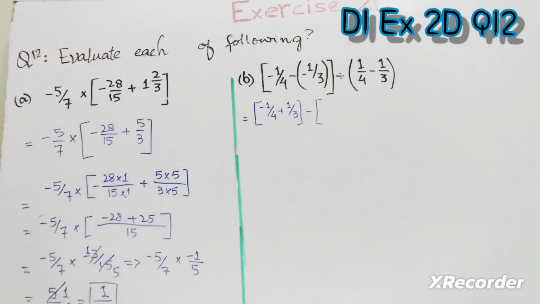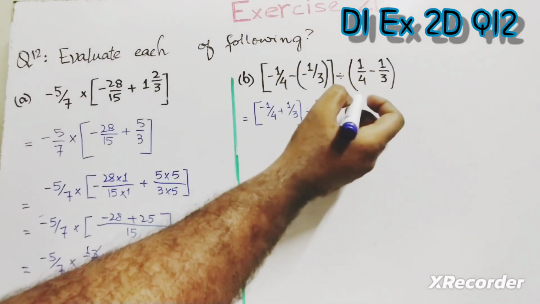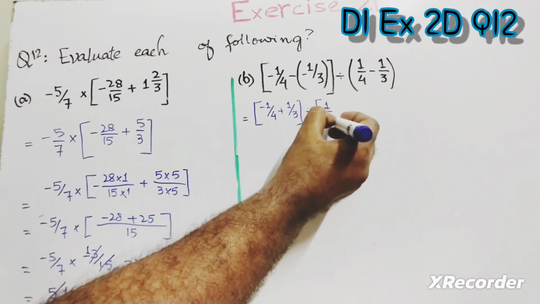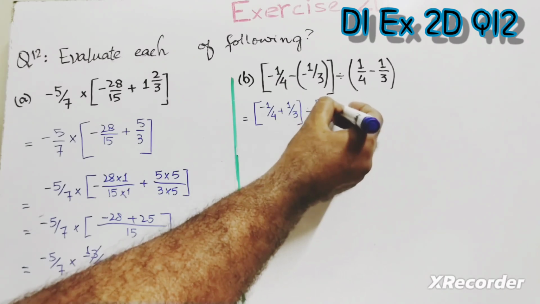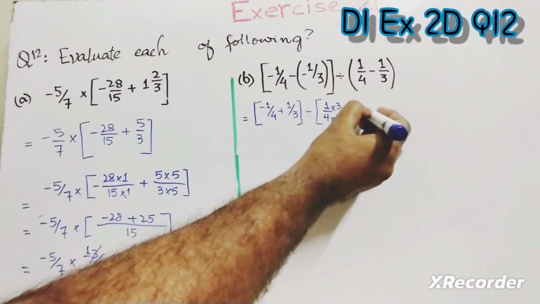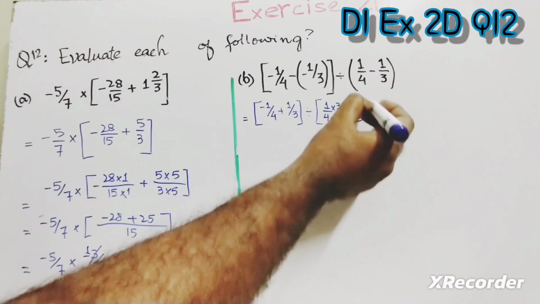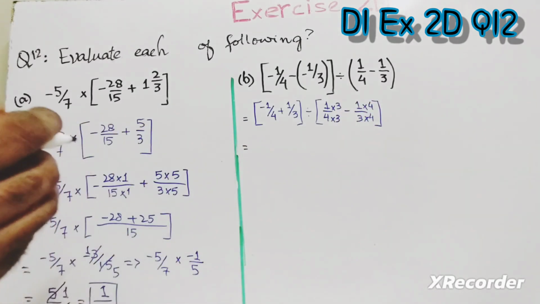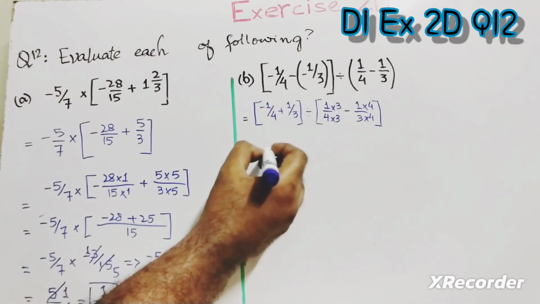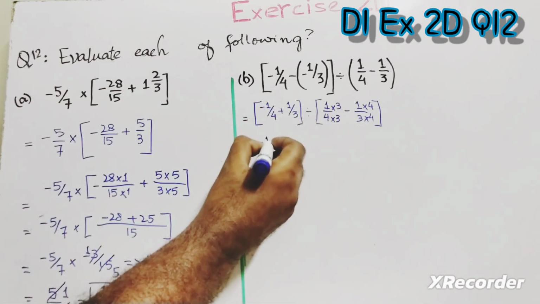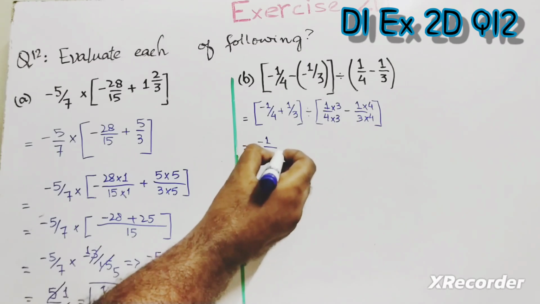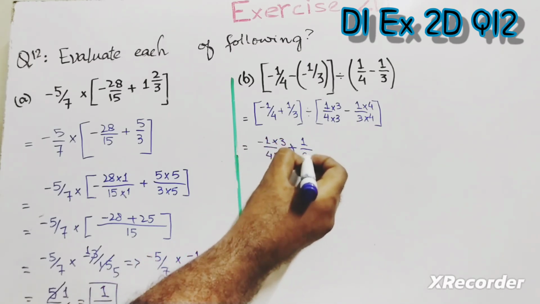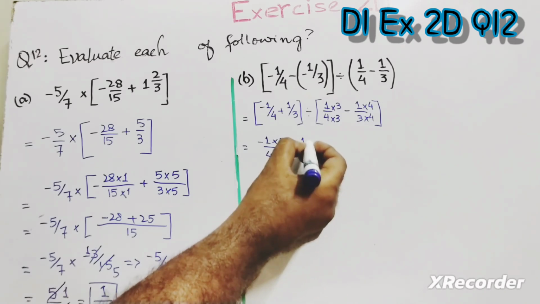When we take the LCM of 4 and 3, the LCM would be 12, so we can write 1 times 4 multiplied by 3 multiplied by 3 minus 1 upon 3 multiplied by 4 multiplied by 4. Similarly, we can take the LCM of this, so minus 1 upon 4 multiplied by 3 multiplied by 3 plus 1 upon 3 multiplied by 4 multiplied by 4.